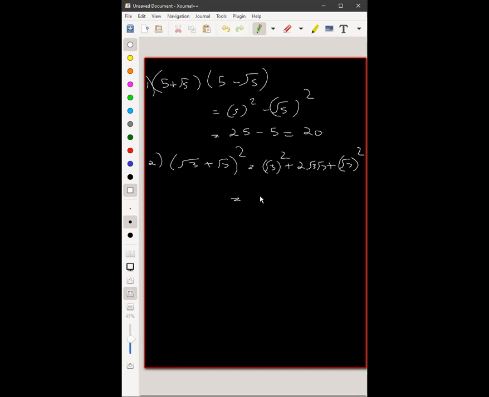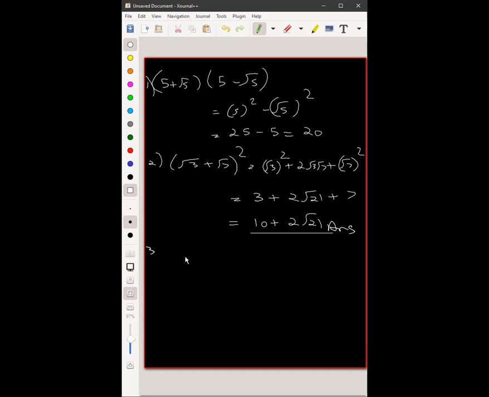Yeah. 3 plus 2 root 21 plus 7. Which is 10 plus 2 root 21, that's it.